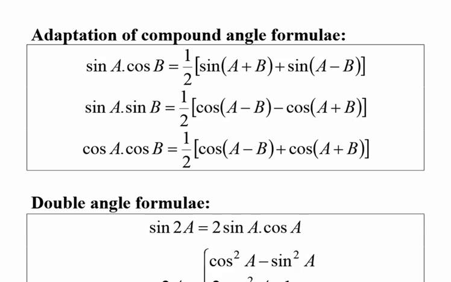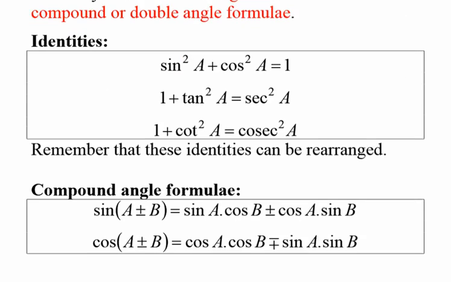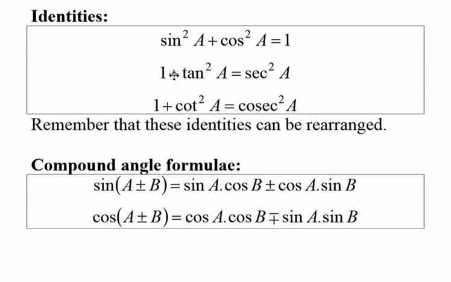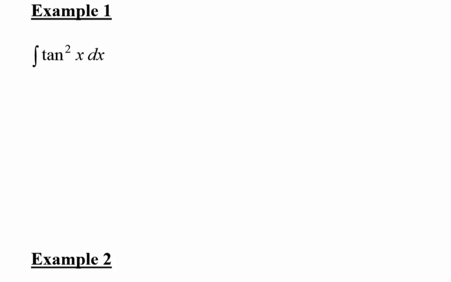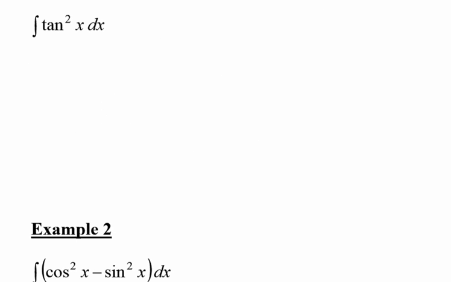Is there an identity that has tan squared of an angle? Yeah, there we go. 1 plus tan squared of an angle is sec squared of an angle. So I can rewrite that in terms of tan squared of an angle. So let's do that. I'm going to rewrite tan squared of x as, so I'm still integrating, sec squared x minus 1.